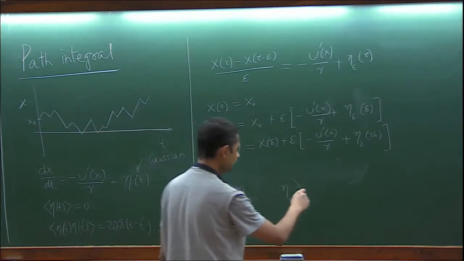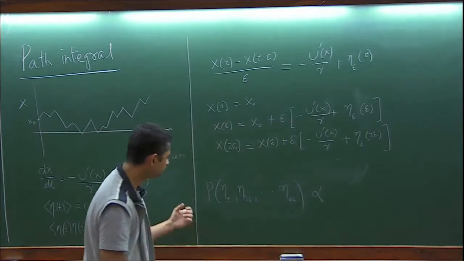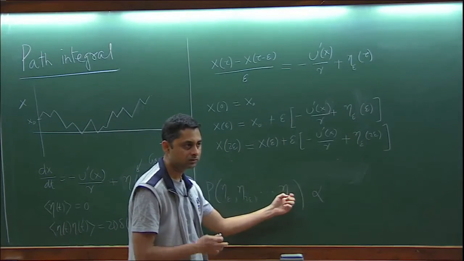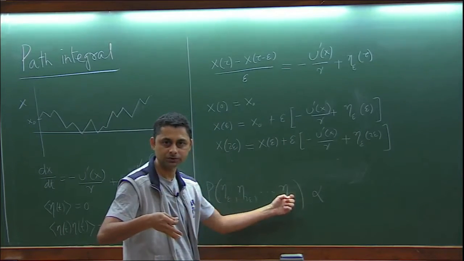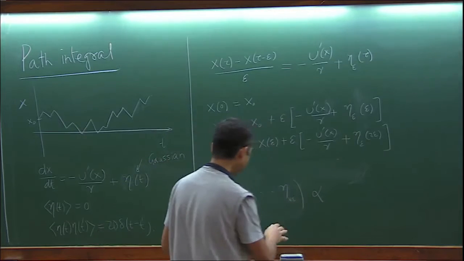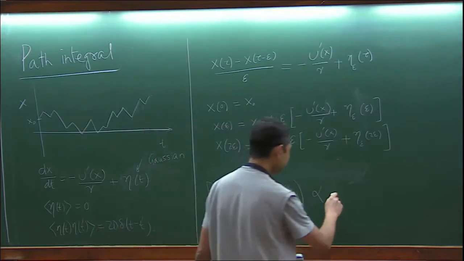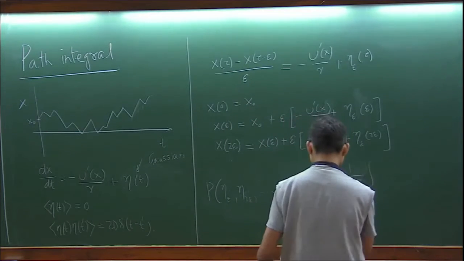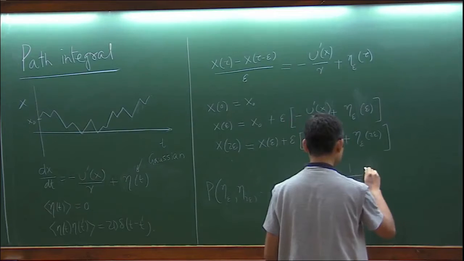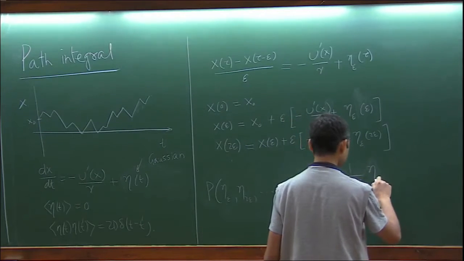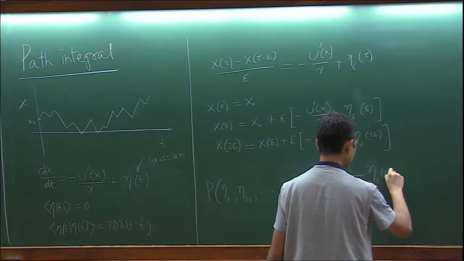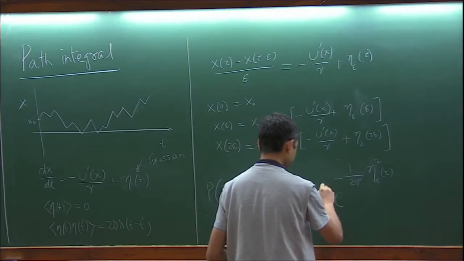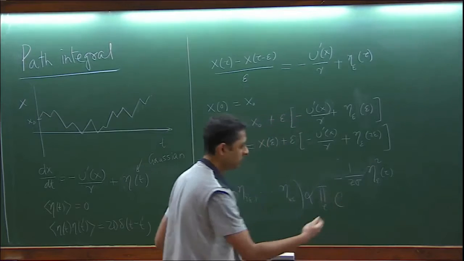So now this distribution, since these are independent, will be a product of Gaussian distributions, right? Forget the normalization for the time being. So it will be something like e to the power minus 1 over 2 sigma square, eta epsilon tau square at that time tau, and this is a product over all taus.